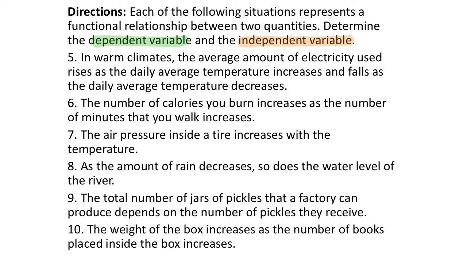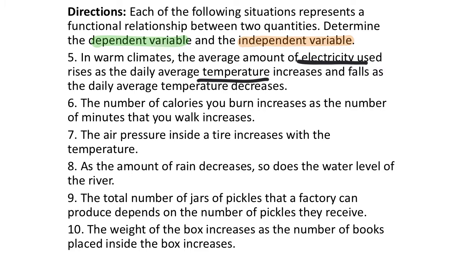So in number 5, in warm climates, the average amount of electricity used rises as the daily average temperature increases, and falls as the daily average temperature decreases as well. So the two things we're comparing on this one is we're looking at electricity used and also temperature. And again, you may think about this: is the electricity used depending on the temperature, or does the temperature outside depend on the electricity you're using?